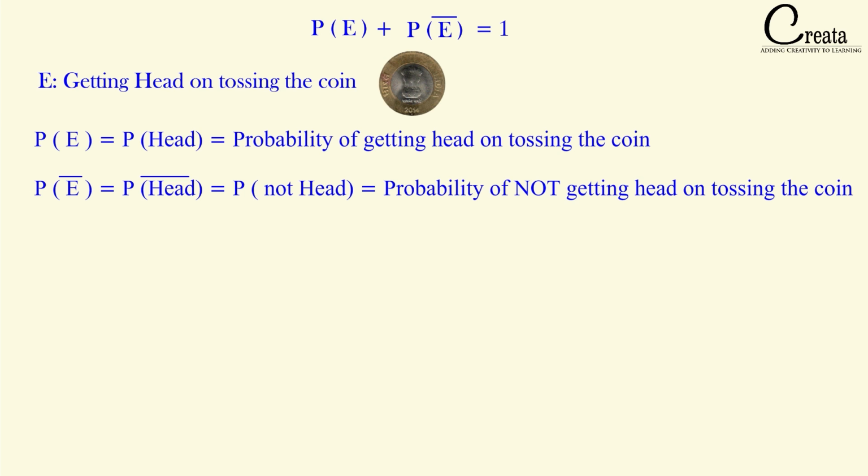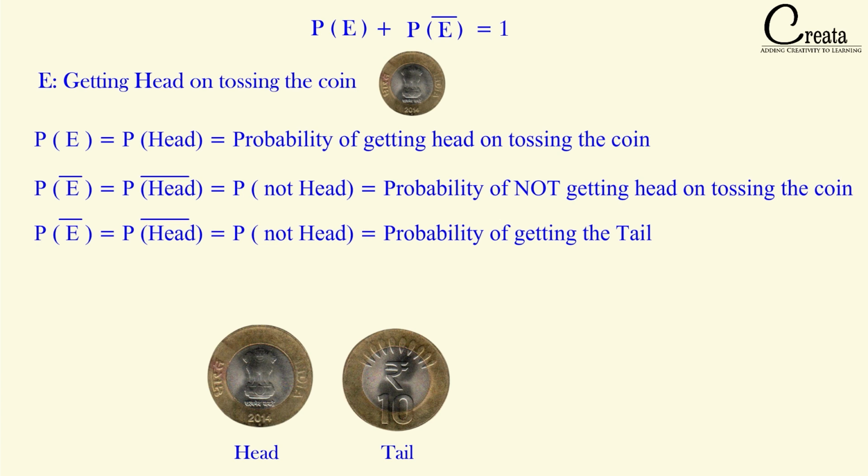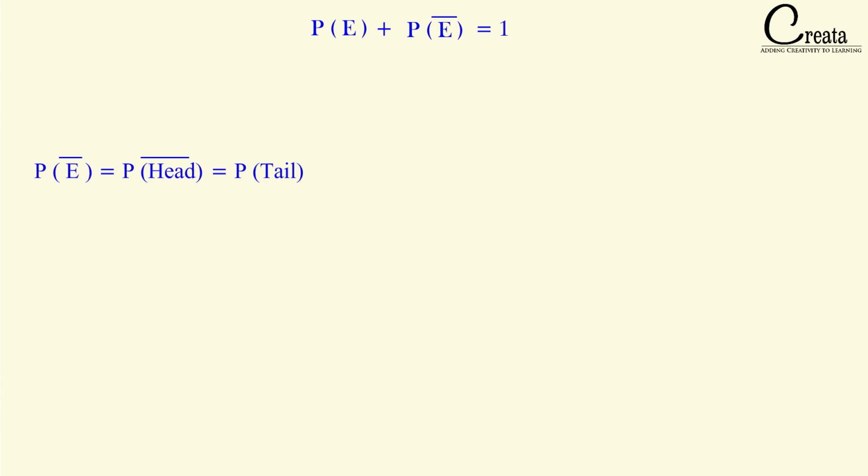Suppose we are tossing the coin, we are getting head and tail. The probability of not getting the head will be the probability of getting the tail. Are you getting this? The probability of not getting the head is the probability of getting the tail. So we can write probability of head bar is equal to probability of tail.